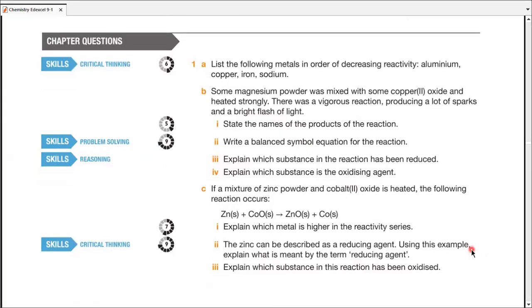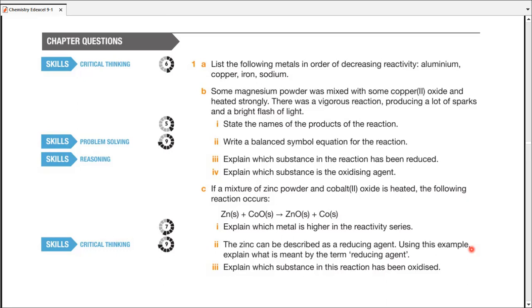Question number 1, part A. Decreasing reactivity means the most reactive comes first. So first it'll be sodium, then aluminium, then iron, and then copper.